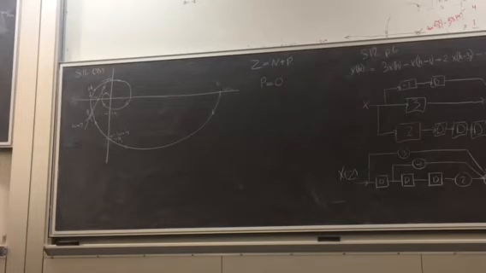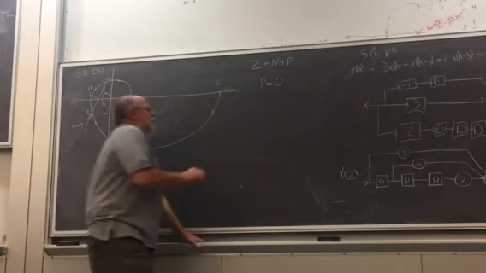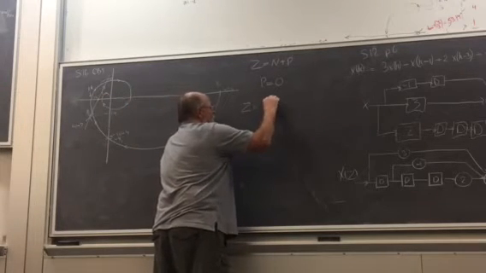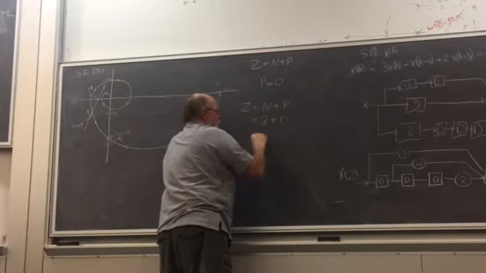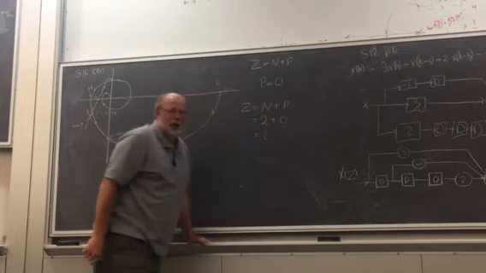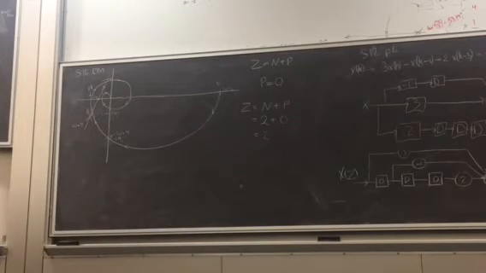So Z equals N plus P equals 2 plus 0 equals 2. Pretty complicated math. So is the closed loop system stable? No. How many unstable poles does the closed loop system have? 2. Good.